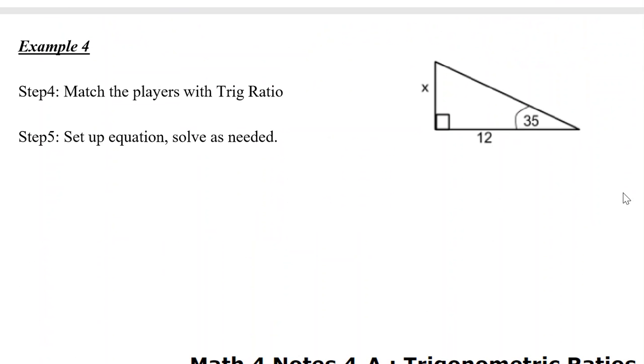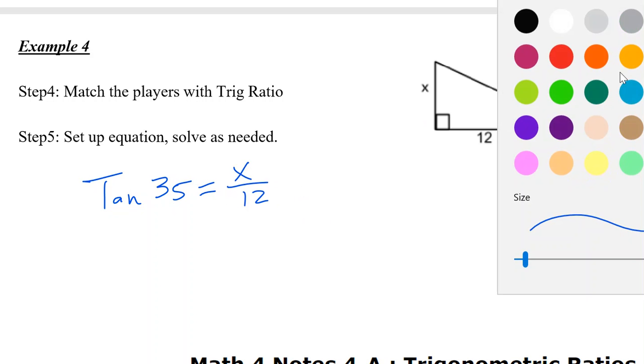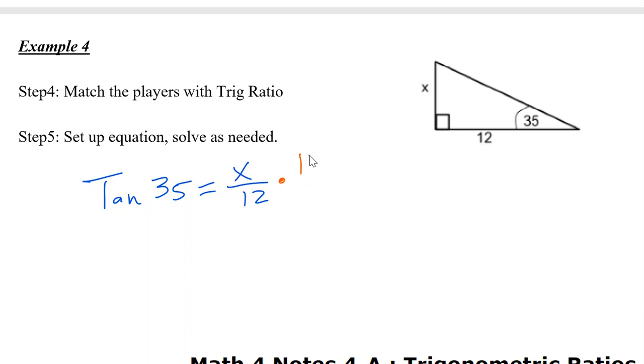That's the SOH CAH TOA. And then set up the equation. Tan of 35 equals x over 12. Now you're going to solve. All right, so I'm going to multiply by 12 on both sides. And that's going to leave me with x, which I can punch into the calculator and solve for that.